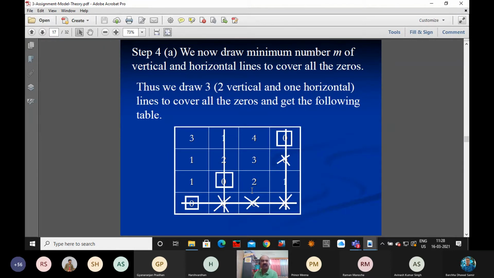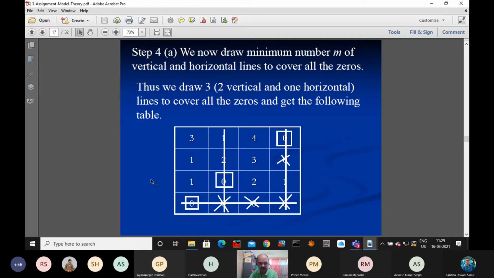There are 6 uncovered elements. We subtract 1 from all the first column elements, and we also subtract 1 from all the third column elements. As a result, this becomes 2, 0, 0, and then 3, 2, 1. We have subtracted 1, and the rule says that whatever you have subtracted, you have to add where there is a crossing of a horizontal line and a vertical line.